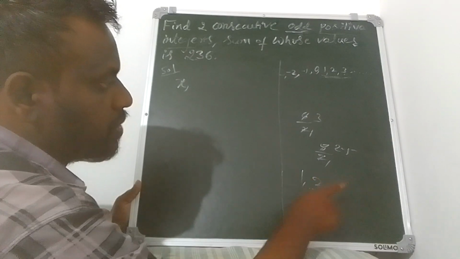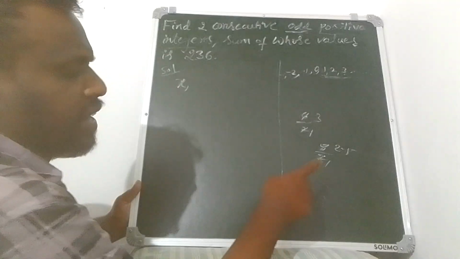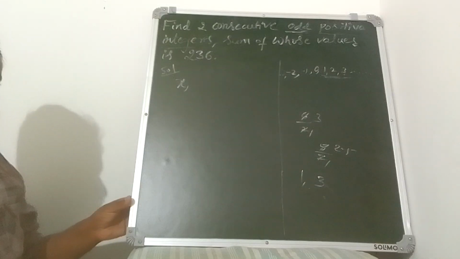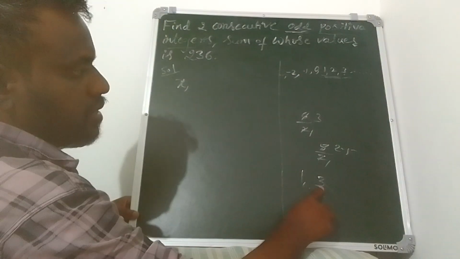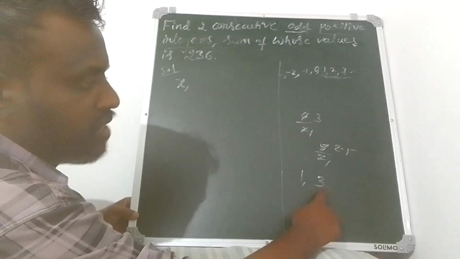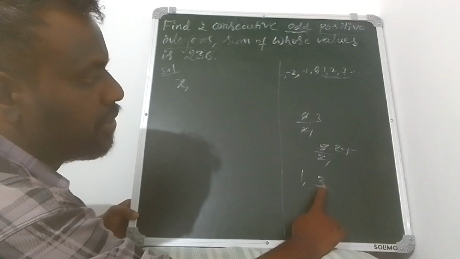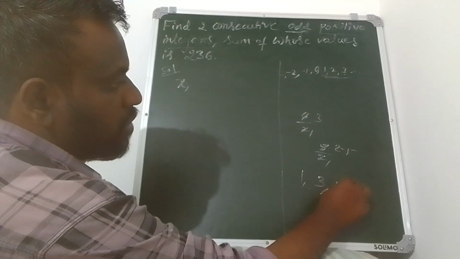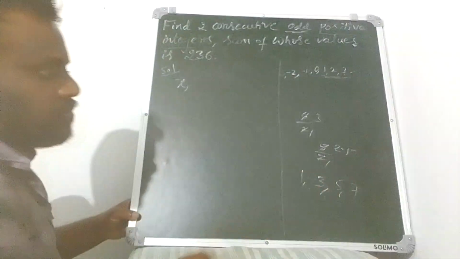Two ones are 2. So what is the next number? 3. After 1, the next odd number is 3 because 3 is not completely divided by 2. Similarly, after 3 we get 5, and after 5 we get 7.